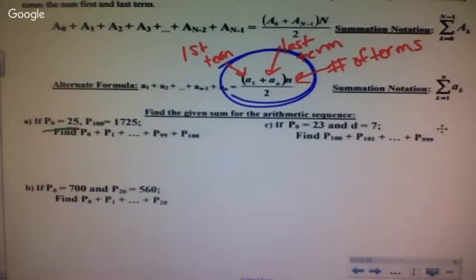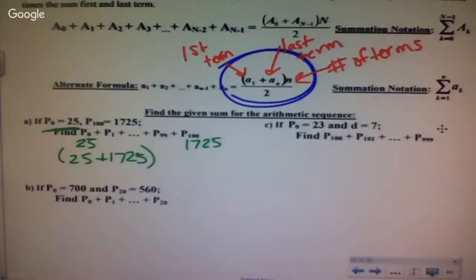It tells you right here. P sub 0 is 25. So that's the first term. My last term I'm trying to add together is P sub 100. Well, what value is that? 1725. So they want us to add 25 plus 1725.